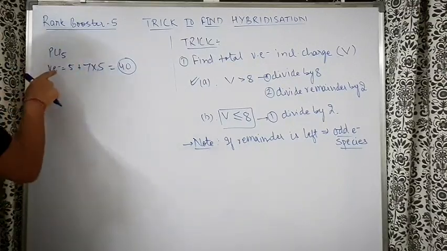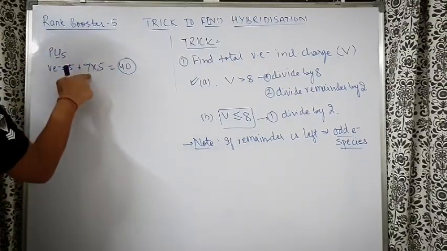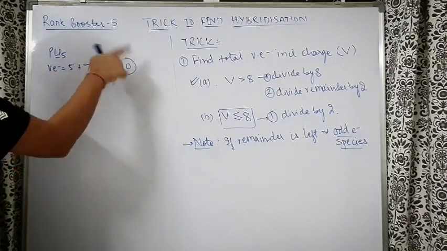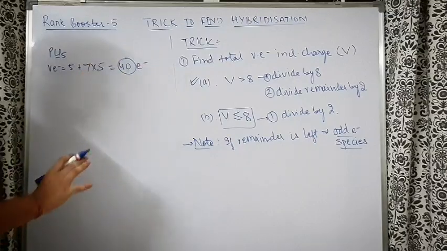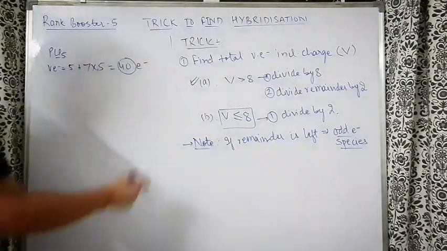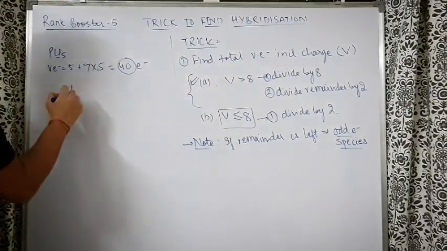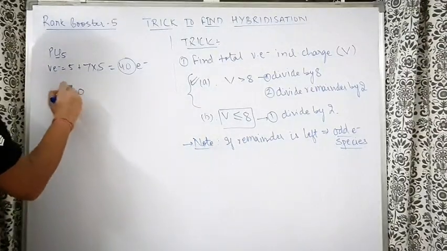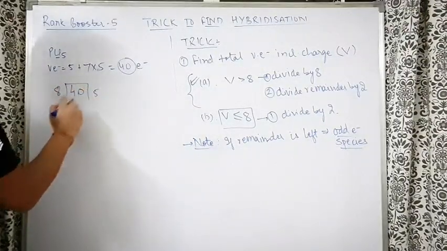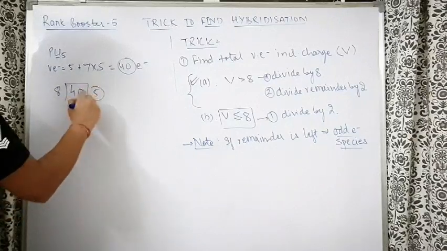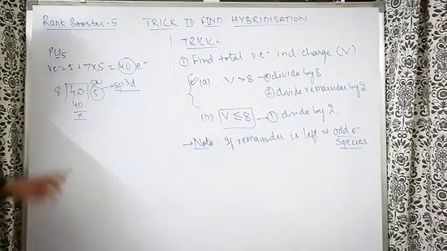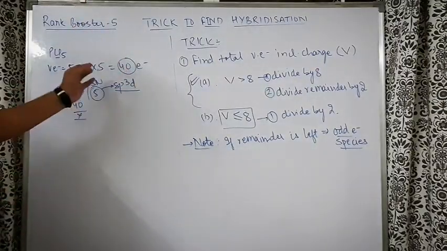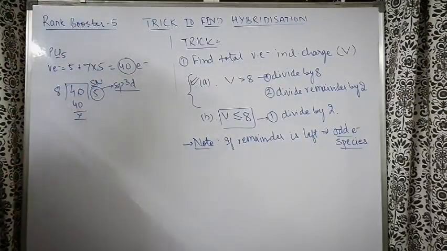So you have 40 valence electrons. 40 is more than 8 obviously, so I will use this technique. 40 will be divided by 8. Badhiya yaar, 8 fives are 40. So bhaiya, 5 is the steric number, so sp3d: 3 plus 1, 4, plus 1, 5. PCl5 is going to be sp3d hybridization.